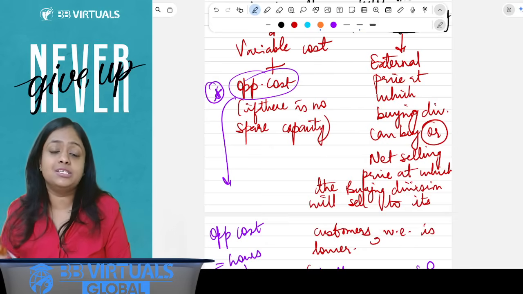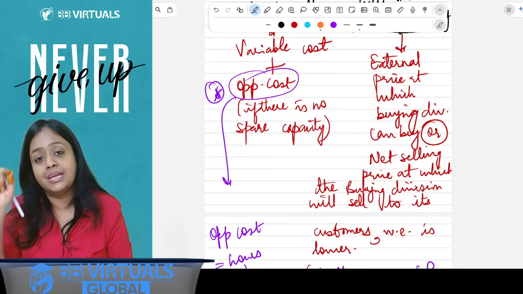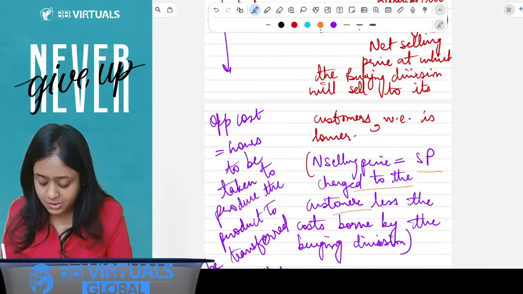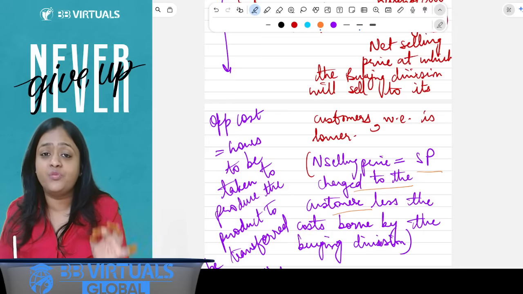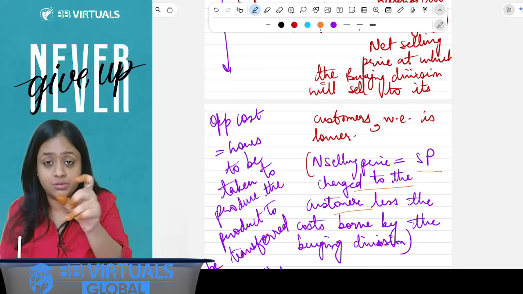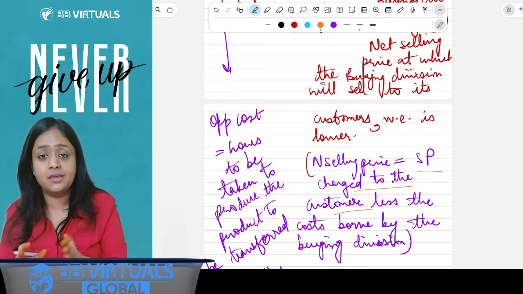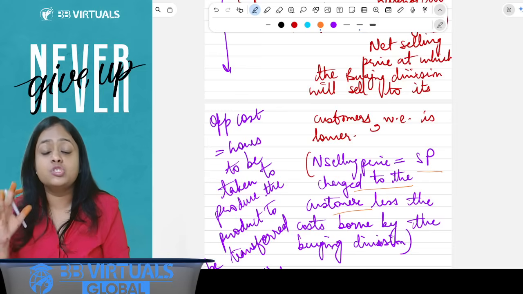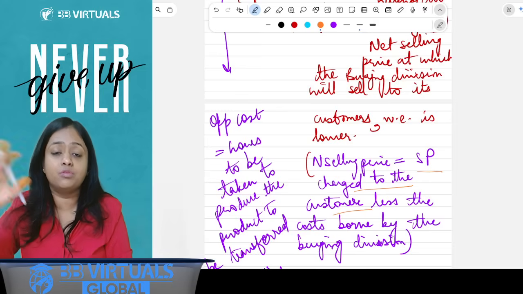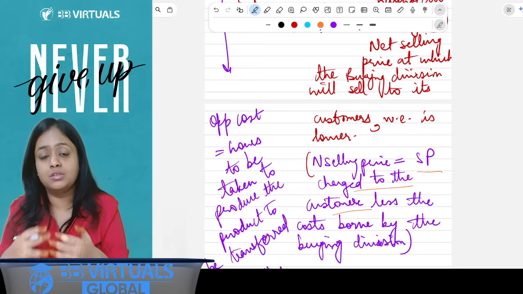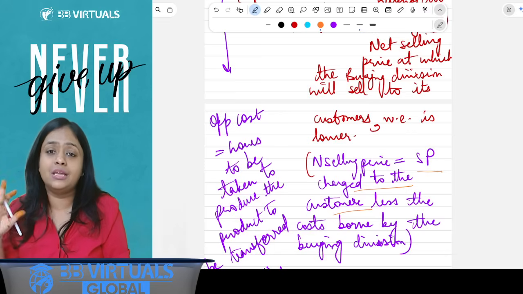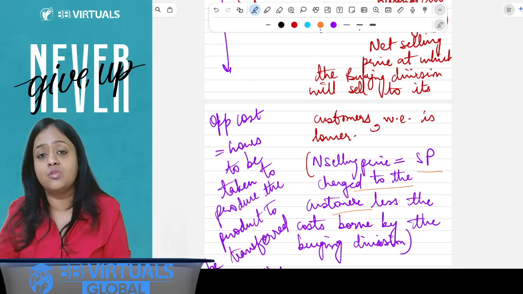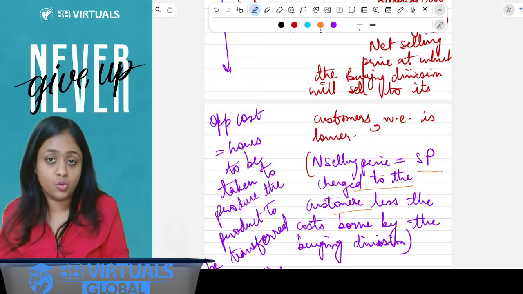And that price at which he's selling goods to the final customer, we take it as net selling price, which is equal to the selling price charged to the customer less the cost which is specifically borne by the buying division only, so their incremental cost. I repeat again, buying division will be ready to pay maximum price as the price which is lower of the price which they will pay to the market suppliers, or the net selling price, which is final selling price to the customer less the incremental cost applicable to them, whichever is lower.